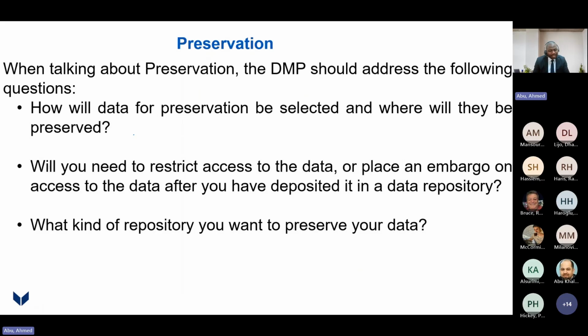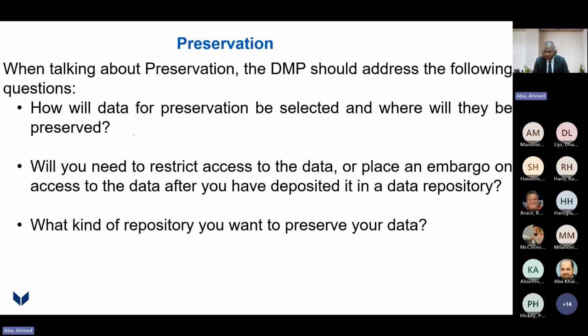Does it assign a DOI or other persistent identifier? Is it trustworthy to the research community? Like I told you about Manara, it's trustworthy and very good. It has all the features that I'm just naming.